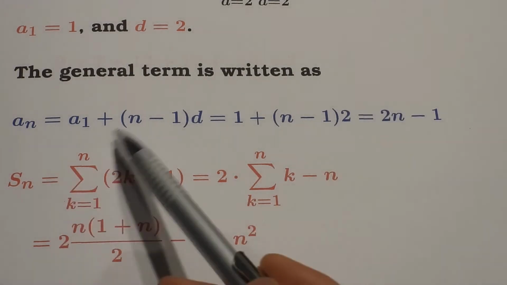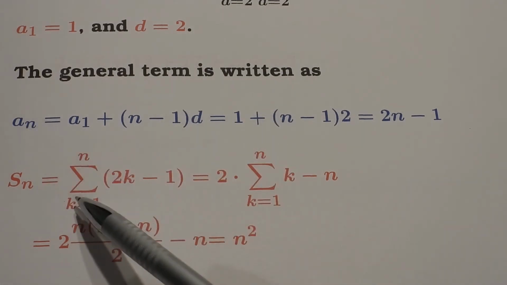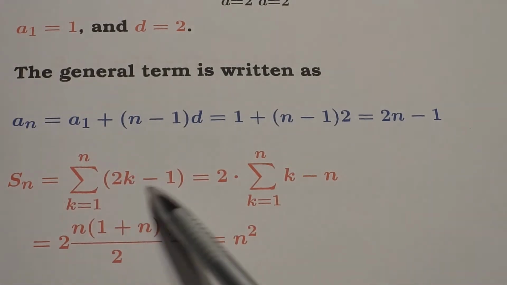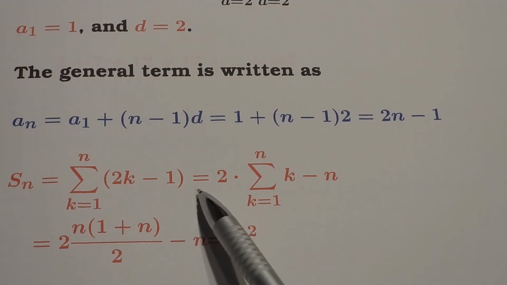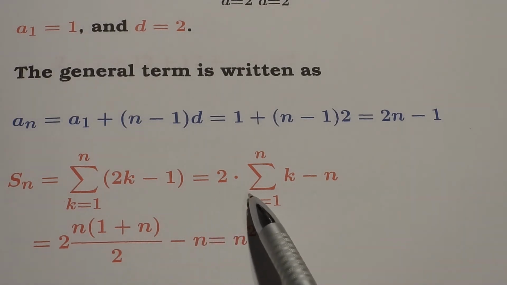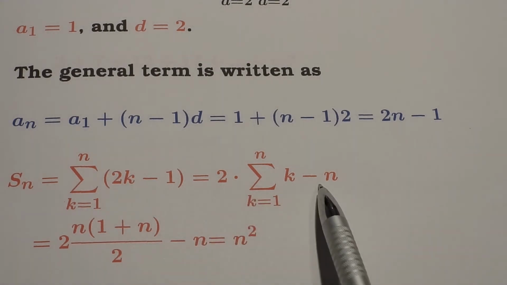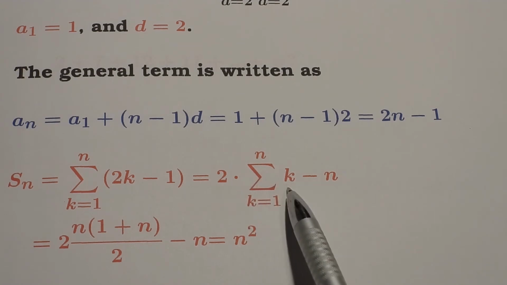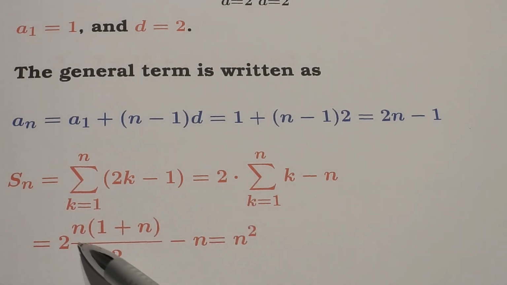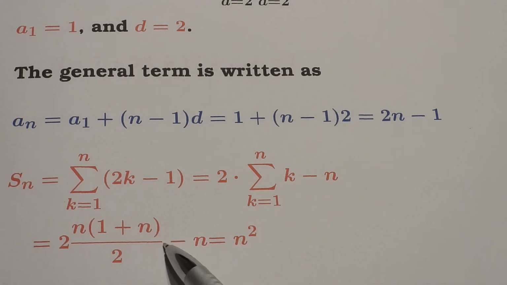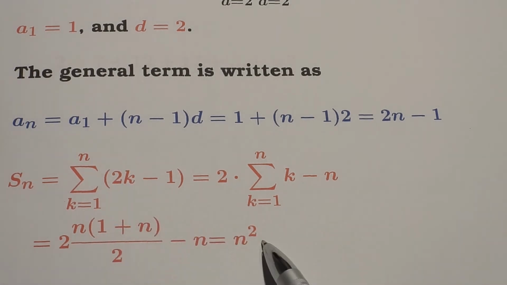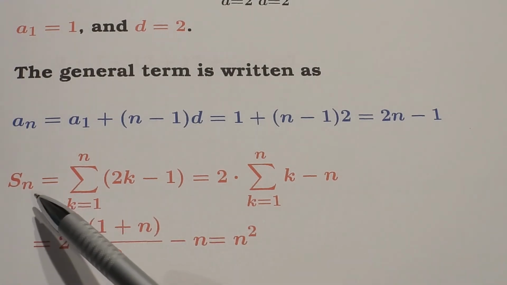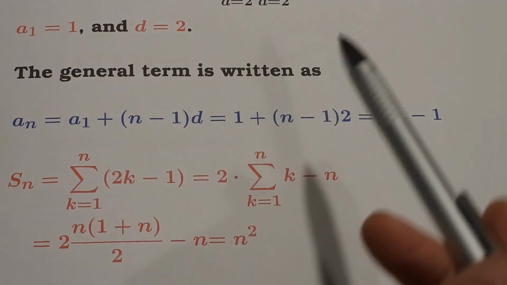Now, once we have an nth term, you just put sigma notation here, and using the distributive property, you multiply out, and when you have a sigma k, you just replace it by the calculation formula. This one turns out to be n squared, which means what? The sum over n terms. Okay, let's see if it's true or not.